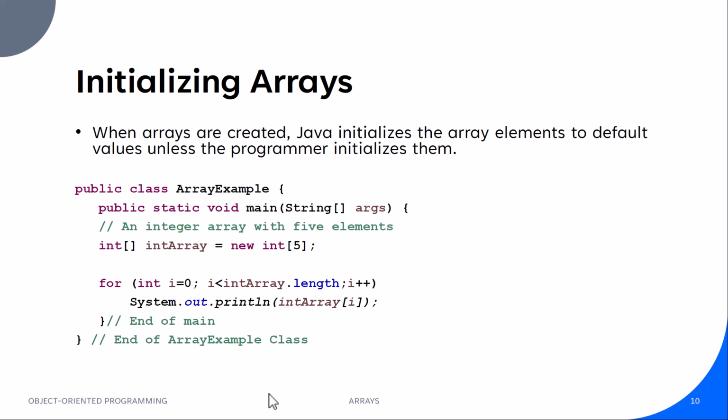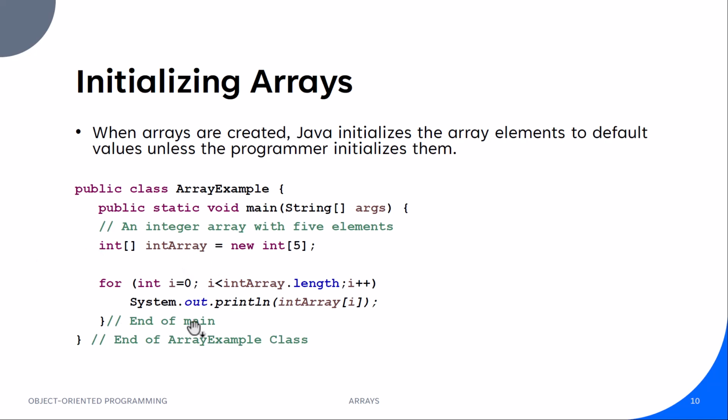Now let's look at how arrays are initialized in Java. When arrays are created, Java initializes the array elements to default values unless the programmer initializes them. And here's an example. We have a class called arrayExample, and this class has a main method. Now within the main method, we are creating an integer array with 5 elements. As you can see, we are not initializing this array, so we are leaving it to the Java compiler.